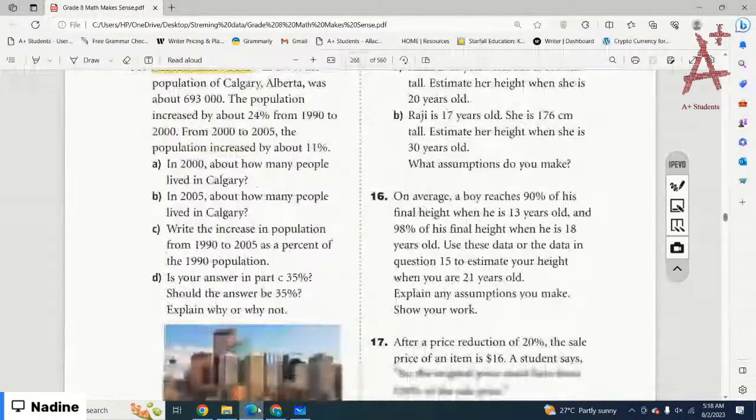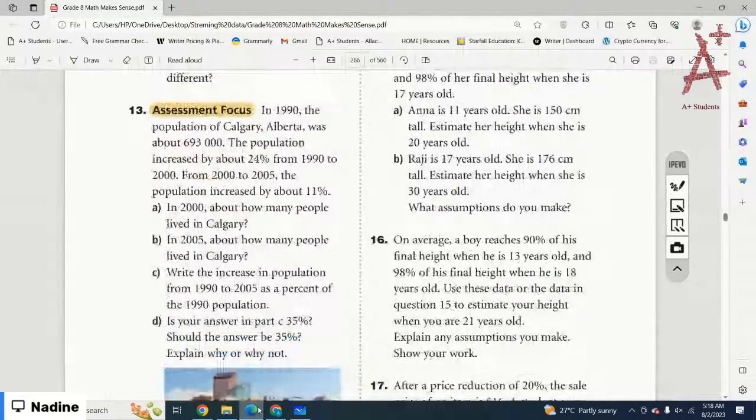Okay, let's see question number 19. In 1990, the population of Calgary, Alberta was about 693,000. The population increased by about 24% from 1990 to 2000.